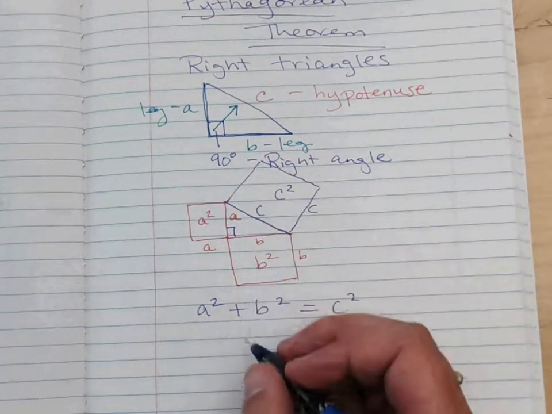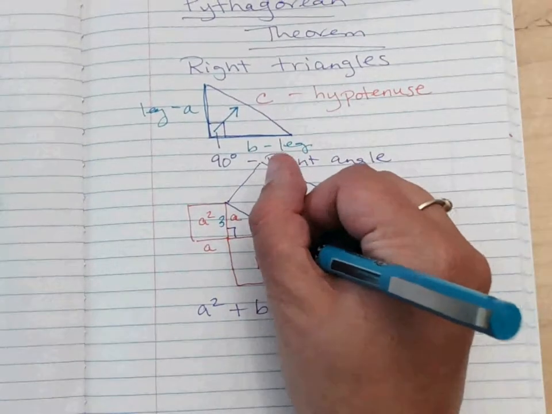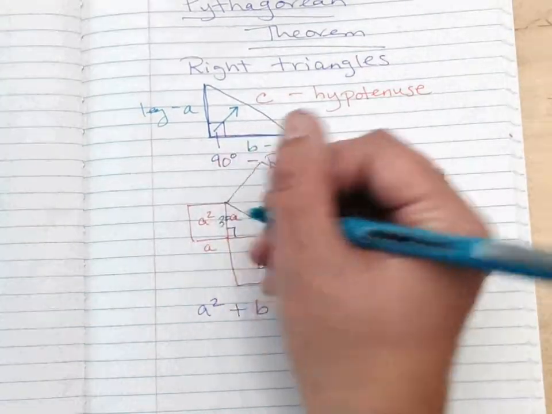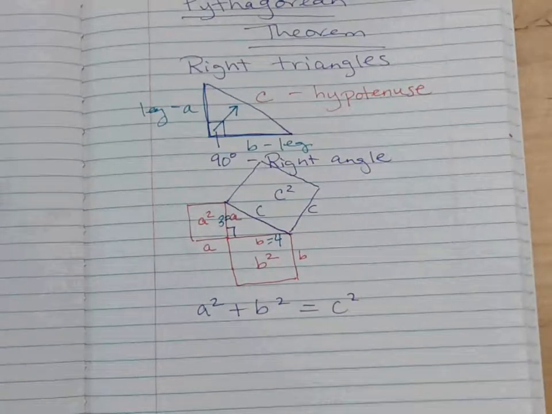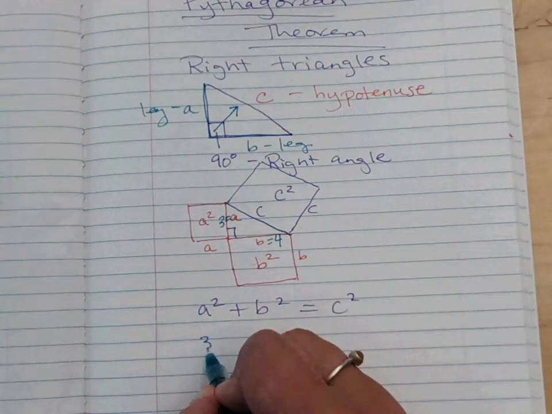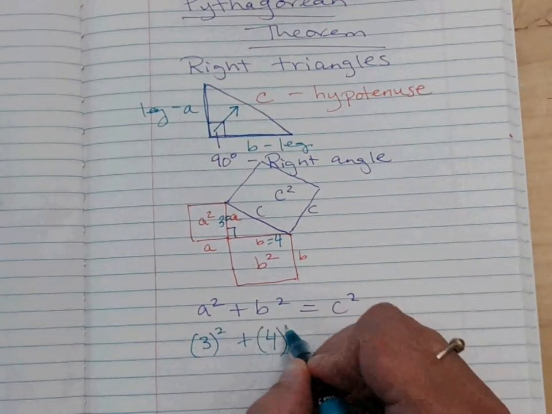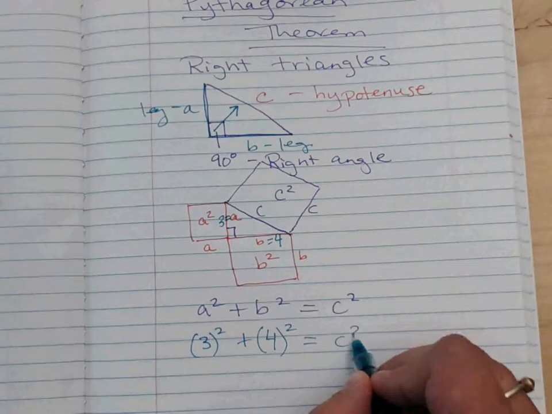Here's an example how that would work. Let's say I know that A is equal to 3 and B is equal to 4. It could be any kind of unit: feet, inches, centimeters. So if I take 3 and square it and add it to 4 squared, I'm going to get C squared.